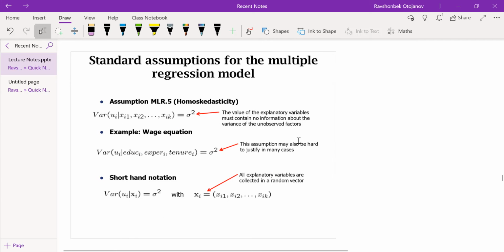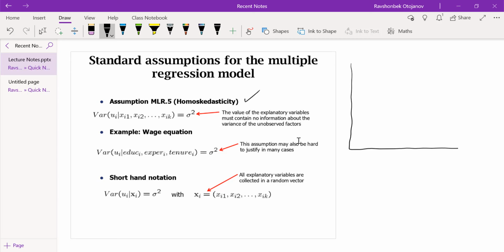Now assumption number 5 is similar to the one we discussed before in simple linear regression. It's the homoscedasticity assumption. If you remember, with the homoscedasticity assumption, it would be useful to draw this anyway. So let's say these are errors.